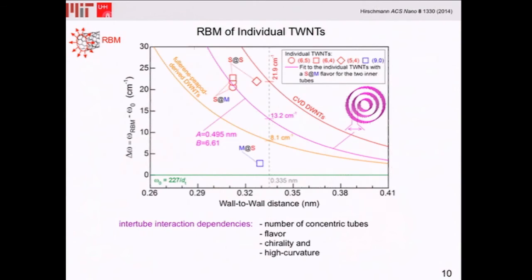Now we can put these findings into the plot shown before, so we see here the wall-to-wall distance versus the frequency upshift, and we see that for the inner semiconducting tubes, the triple-walled carbon nanotubes are between the PPP double-walled carbon nanotubes and the CVD double-walled carbon nanotubes.